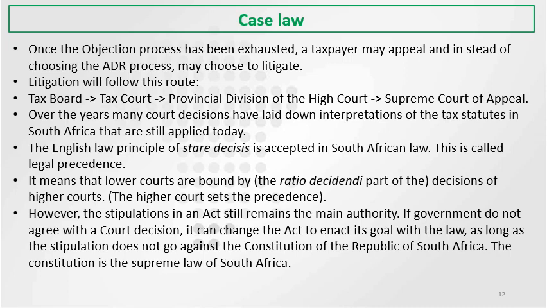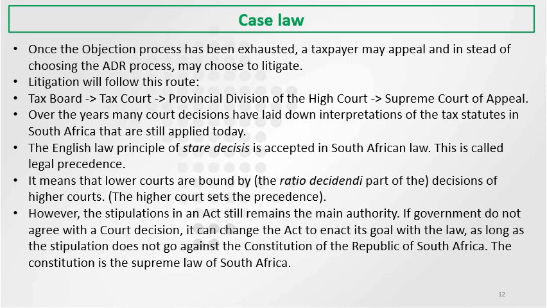However, the stipulations in an act remain the main authority. If government does not agree with a court decision, it can change the act to enact its goal with the law. Now, this has happened in the past. When SARS anticipates a specific outcome in case law, it already has the law amendment ready to be submitted.